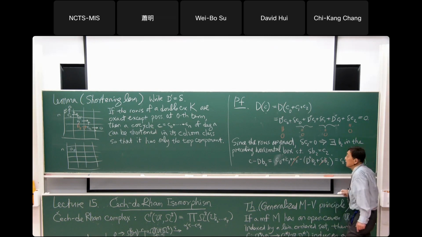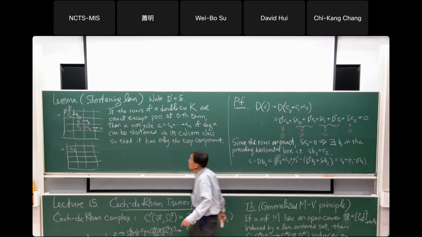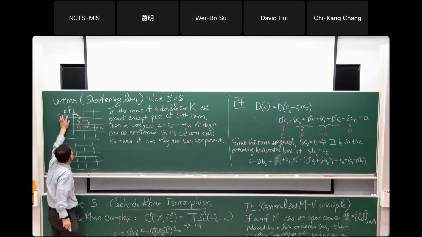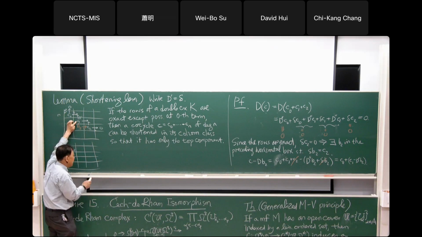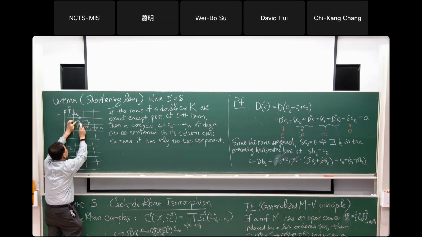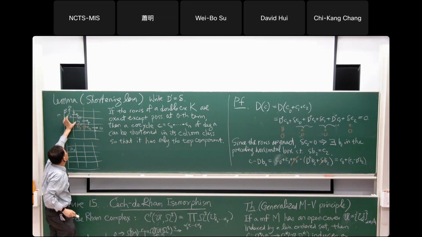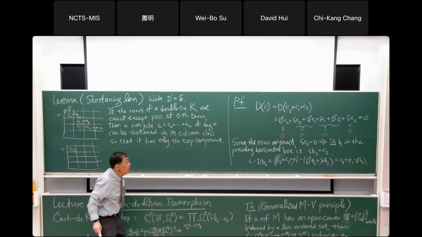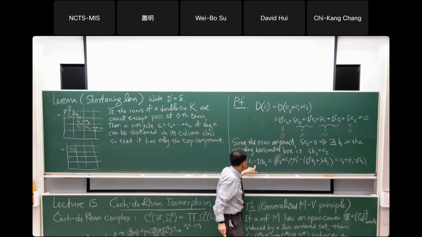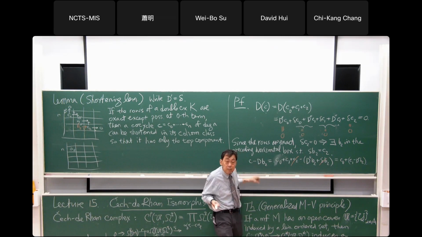And you see C0 is here, C1 is here, and then D double prime B2 is here too. So you are only in two boxes. Okay? So this is in the same cohomology class as C, but it's shorter.